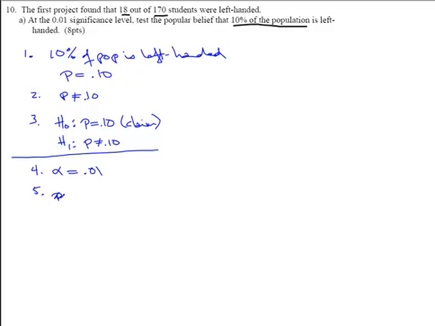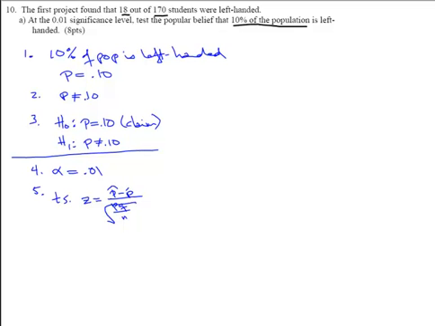So our test statistic is actually a z distribution, and it's p hat minus p, divided by the square root of pq over n.